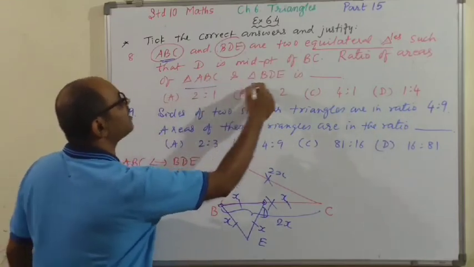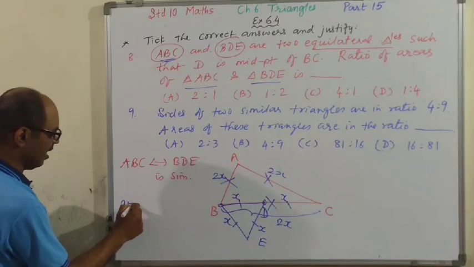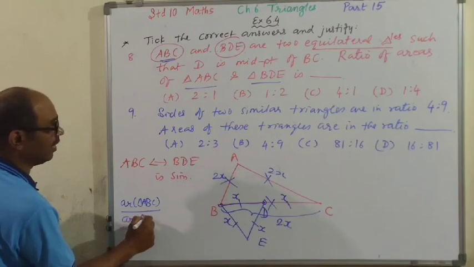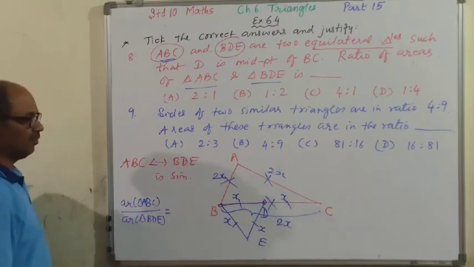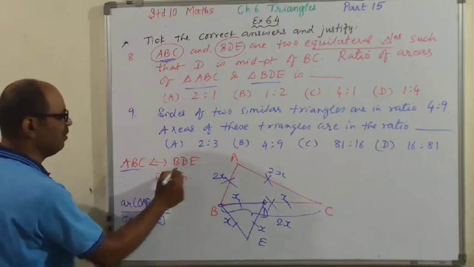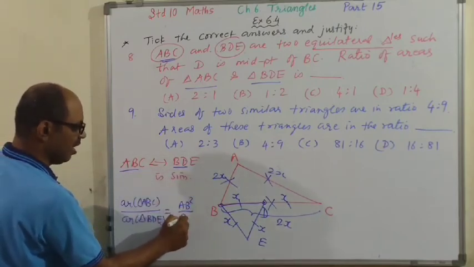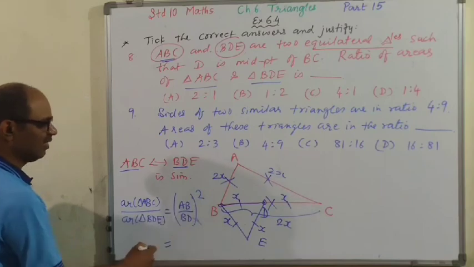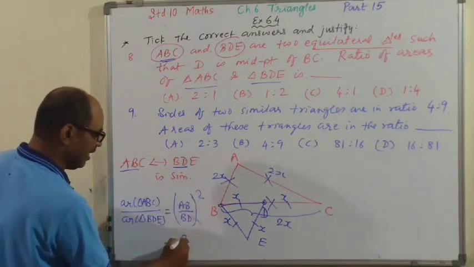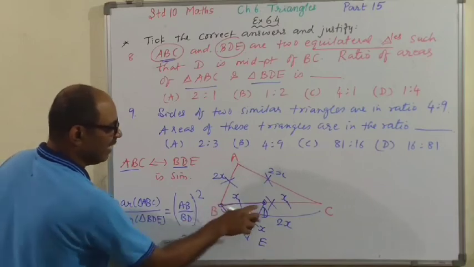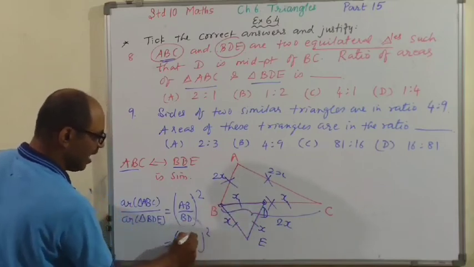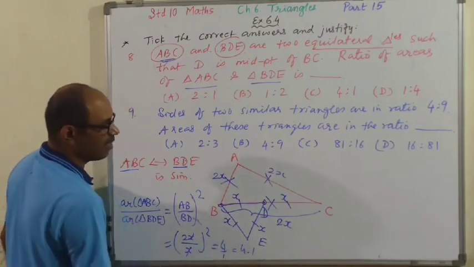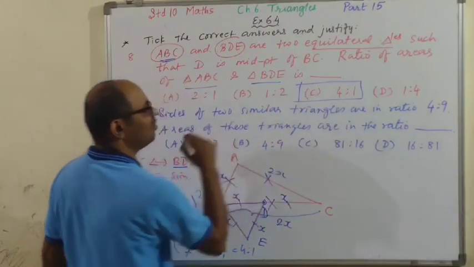Ratio of area of triangle ABC and triangle BDE. Area of triangle ABC upon area of triangle BDE is equal to, tell me which side should I take, AB and BD. AB square upon BD square. Both are squares, so we can write whole square. That's it. Now AB is 2x and BD is x, whole square. x cancels. The answer is 4, and the ratio is 4/1, so that is 4:1. So here is the answer, 4:1.